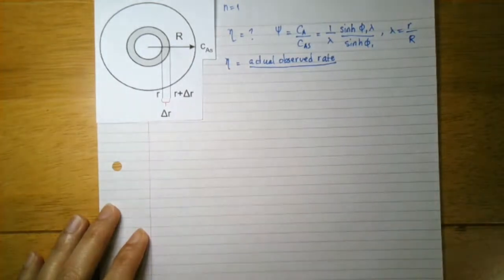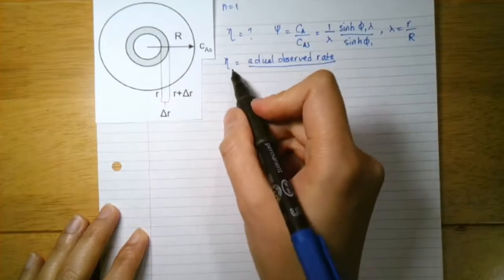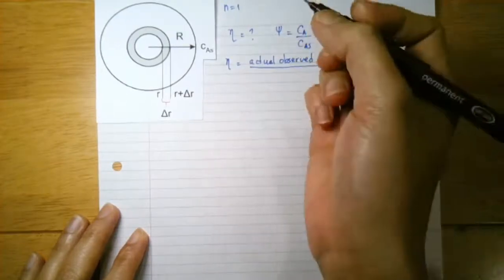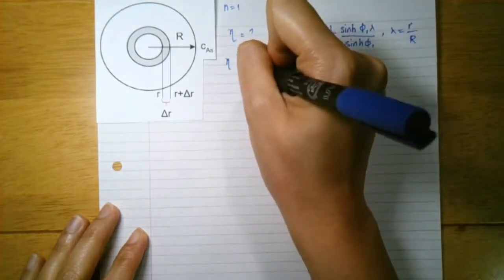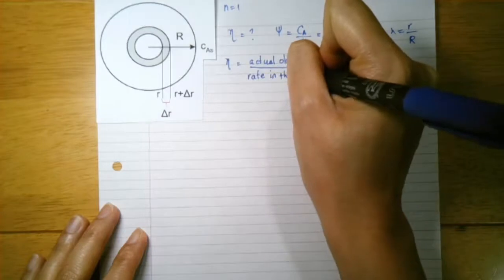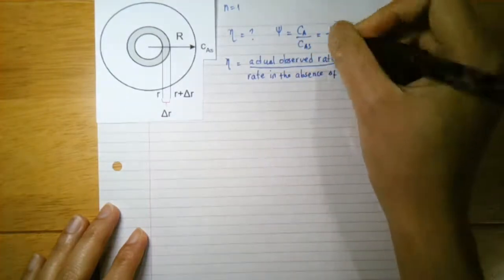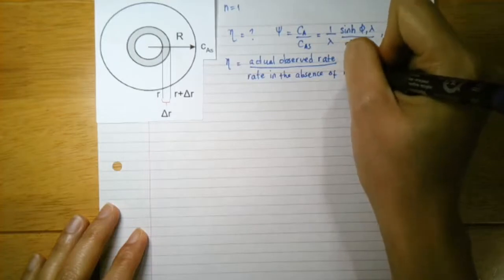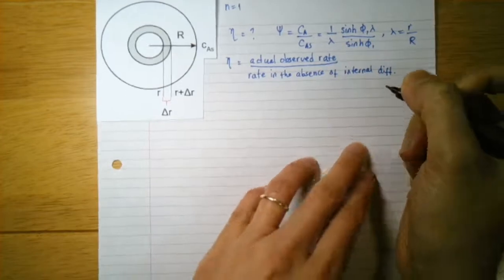Okay, and the maximum rate occurs when you don't have resistance due to internal diffusion. Okay, so the effectiveness factor is the actual observed rate divided by the rate in the absence of internal diffusion resistance.